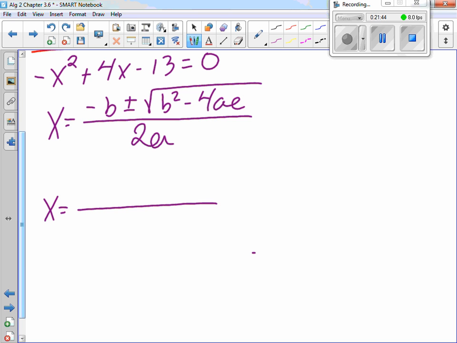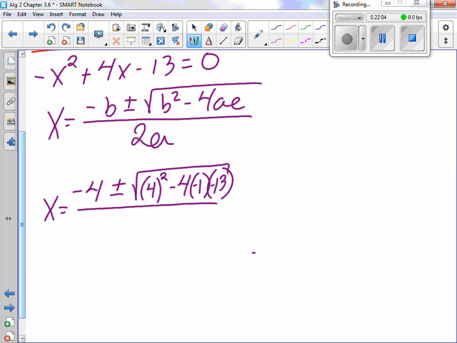Well, the value of b for us here is 4, so negative b would be negative 4, plus or minus the square root of b squared, so 4 squared, minus 4. A is negative 1 and c is negative 13. All over 2 times negative 1, 2 times a. Well, a is negative 1, and 2 times negative 1 would be negative 2.